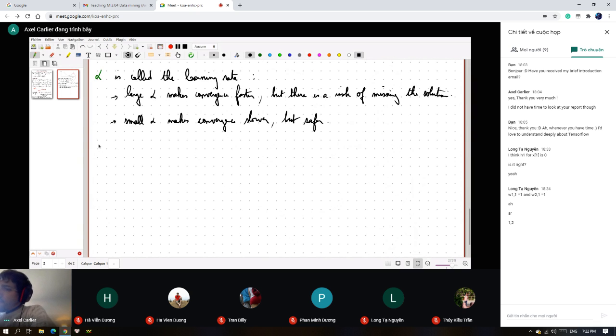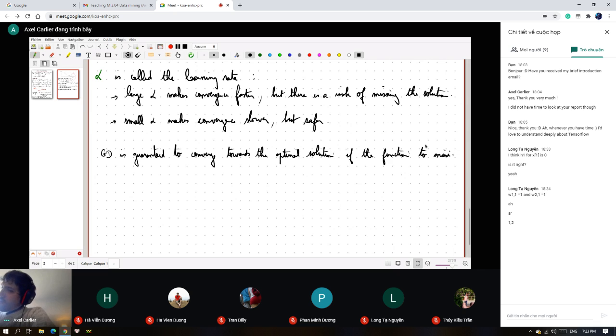So gradient descent is guaranteed to converge towards the optimal solution if the function to minimize is convex.